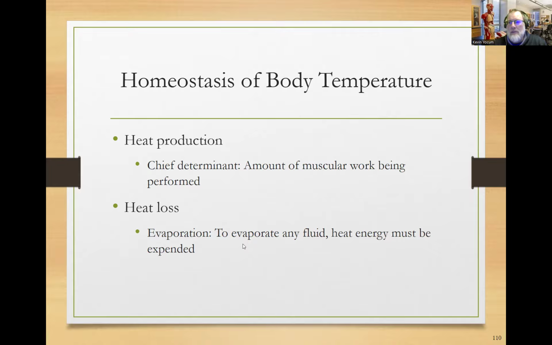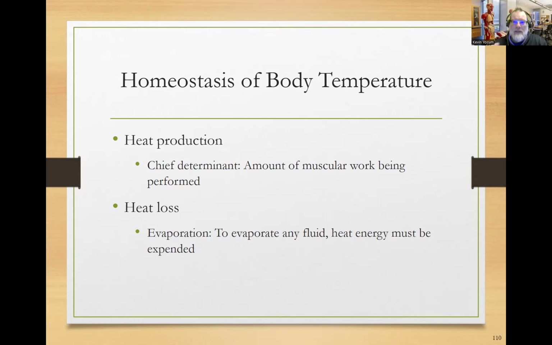It prevents heat stroke. Basically, most of the heat moves from where it's hot to where it's cooler. So it's 98.6 in here, and it's less than that out here, so heat just naturally radiates off the body. Sometimes, though, we have to sweat because we have excess heat buildup.